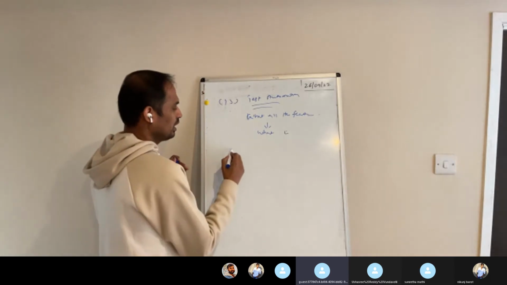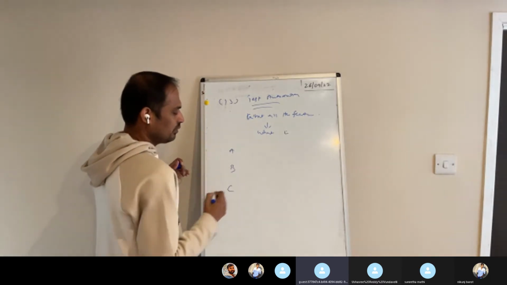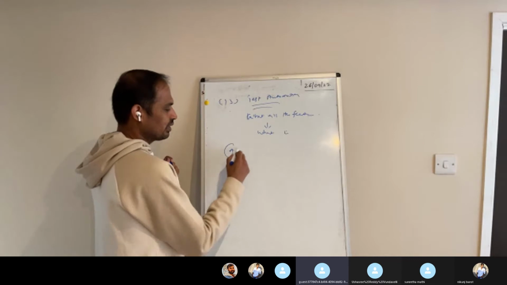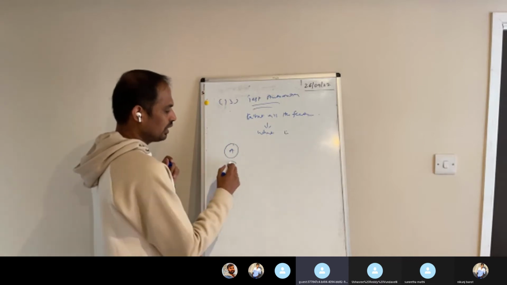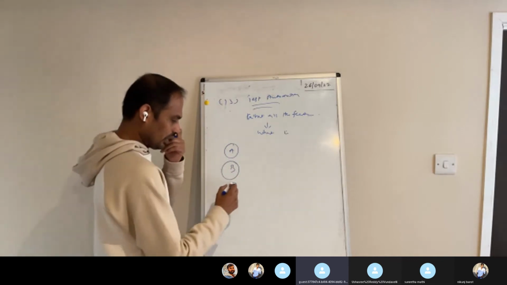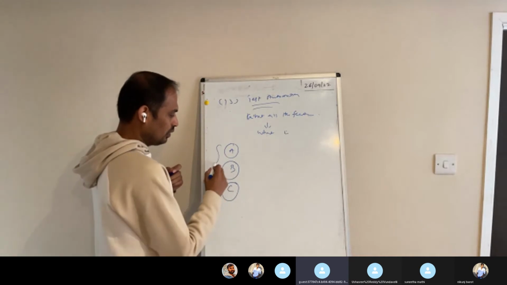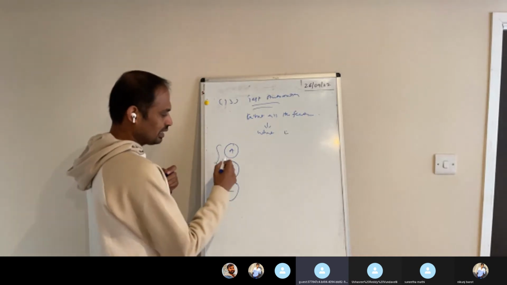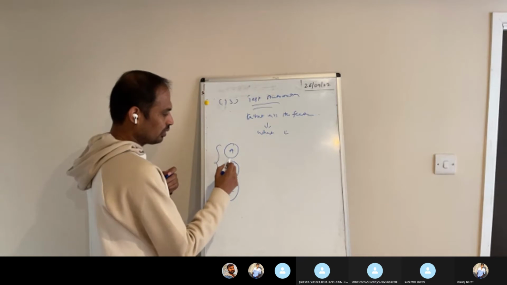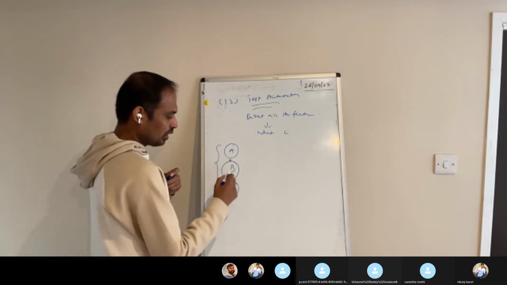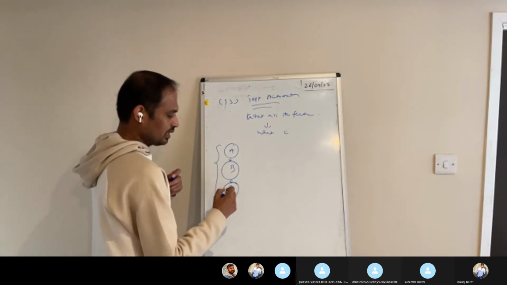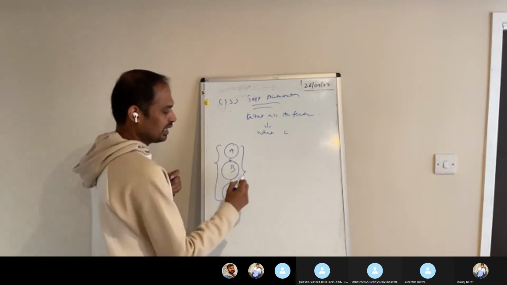So A, B, C, these are the features that we have. We have executed A, then we are going to execute B, then we are going to execute C. So we'll come to know what test cases we are going to repeat in B, and what test cases we are going to repeat in C. Those test cases will be taken.